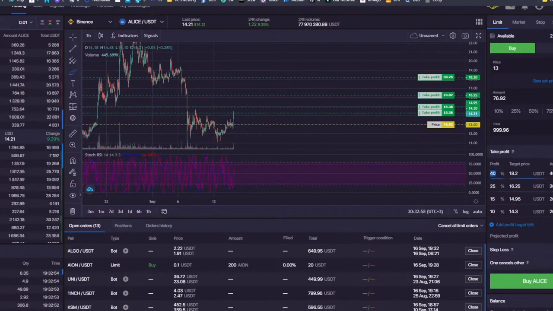And the rest is left for the highest take profit, which is 40% from the initial price level, and here I want to sell the remaining 30%. That way you spread the risk and increase the odds of getting out of the market with some profit, because you have multiple orders to get out. The closer you set them to your entry price, the bigger the chance that it will be triggered.